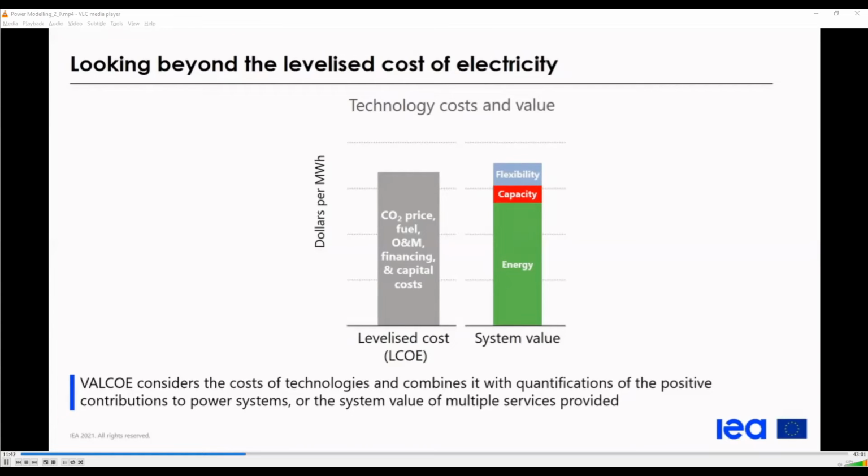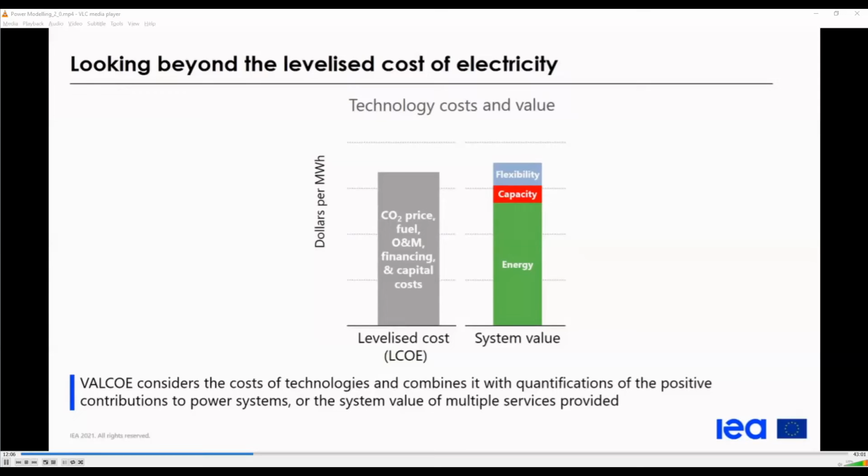So the main one is energy value, which represents the value of electricity production on a system at any time to meet demand. So in wholesale markets, which are widely represented over the world, this would be reflected by bids to sell electricity in a given hour.